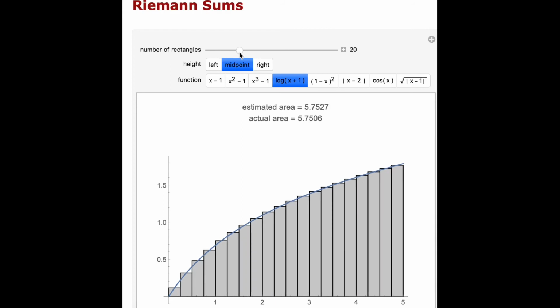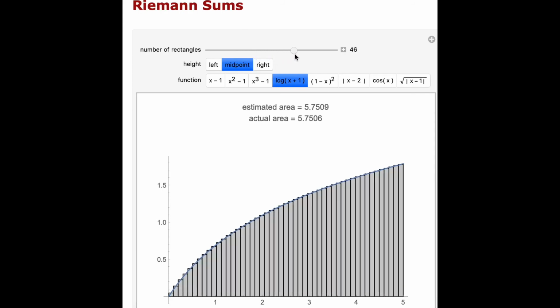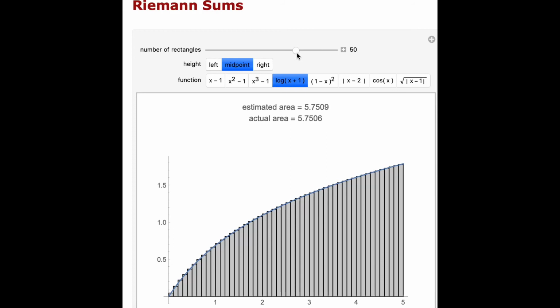And we see that very, very quickly, by the time we get to 20 rectangles, we've gotten down to 2 1,000ths, 0.002 of precision. So it's a very good estimate at this point. And as I move further out and add more rectangles, now I've gotten it out to 3 10,000ths, which is very, very significant.